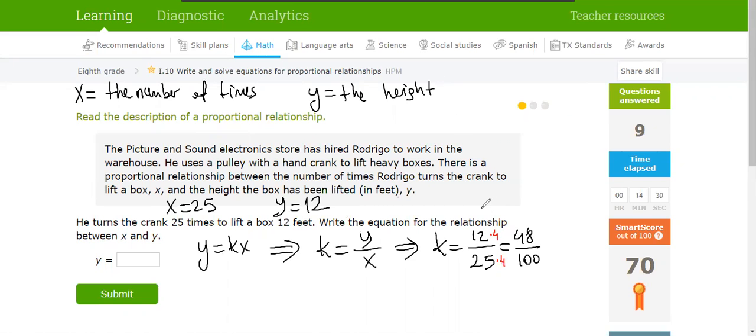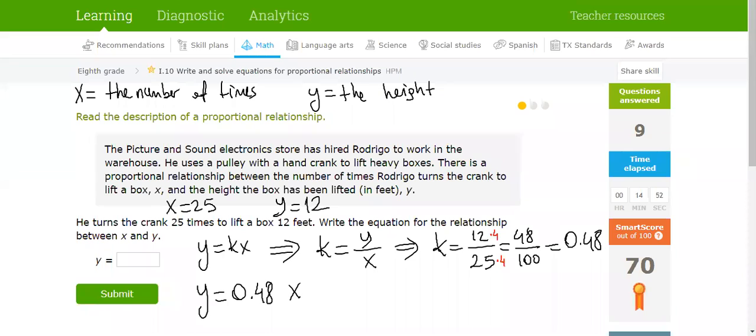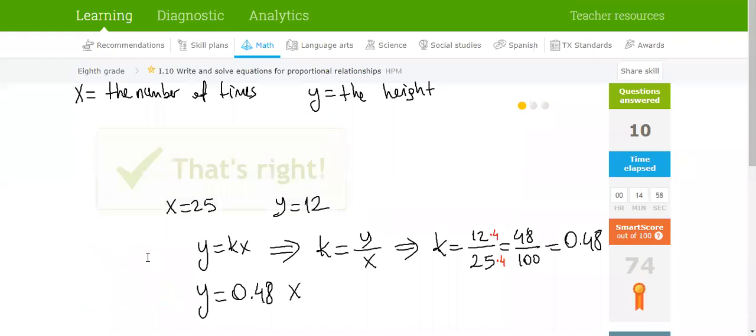If you're allowed, you can just use your calculator, divide 12 by 25, and you're going to find 0.48. So k is equal to 0.48. That means y equals 0.48 times x. 0.48x will be the answer. So y is going to be equal to 0.48x.